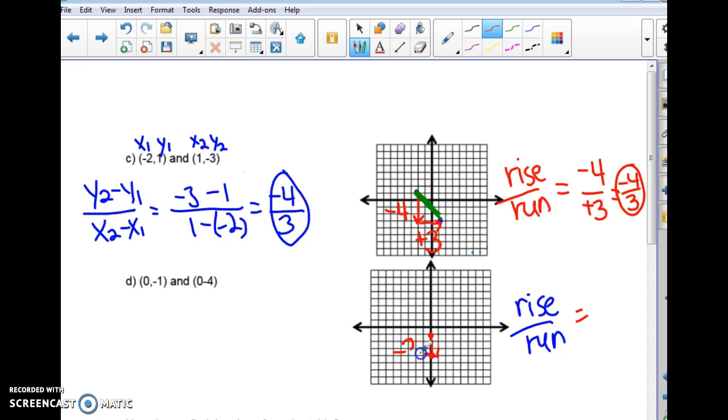Go down 3. Are we running anywhere? We're not running to the right or running to the left. So run will be 0. If you put this in your calculator, negative 3 divided by 0, you will end up with error message. Because we cannot divide anything by 0. So that's going to be undefined.